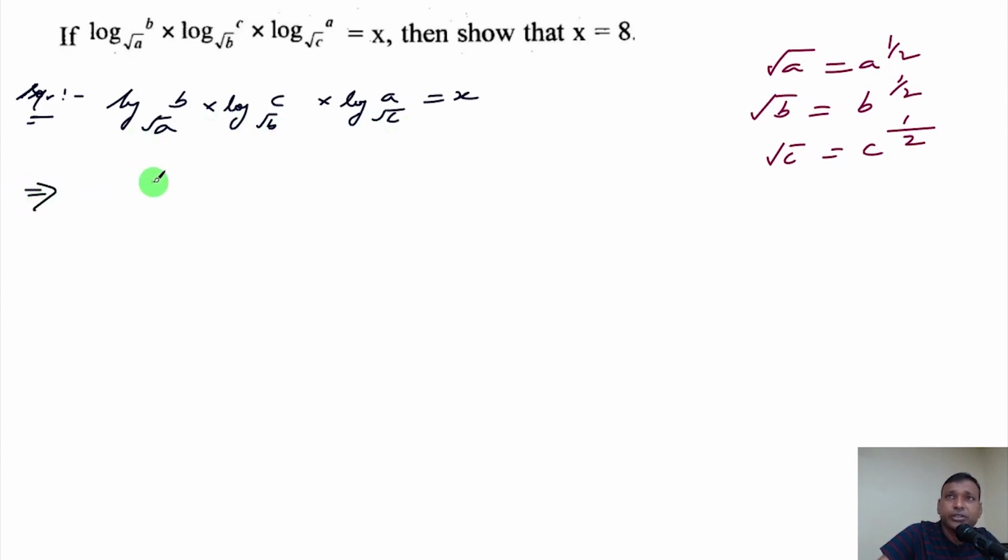How to change? We will use the formula log a to the base b, which is 1 by log b to the base a. This is this property. Using this property, we can change the base.